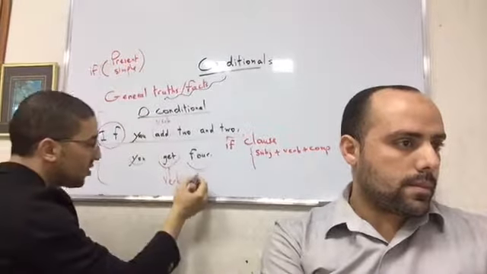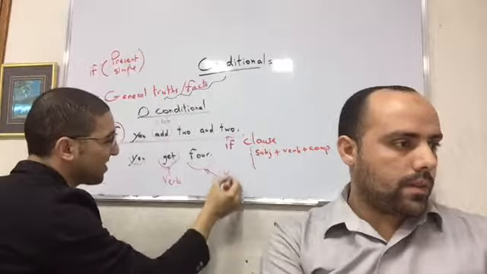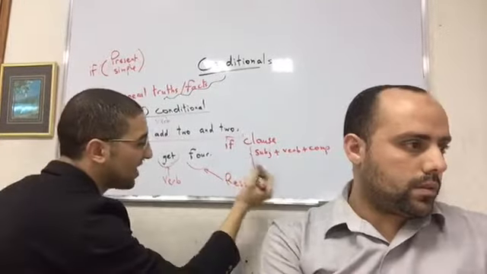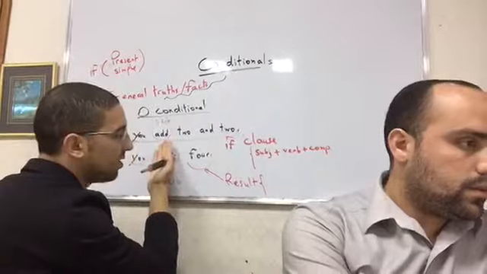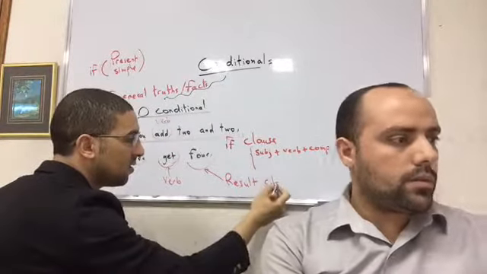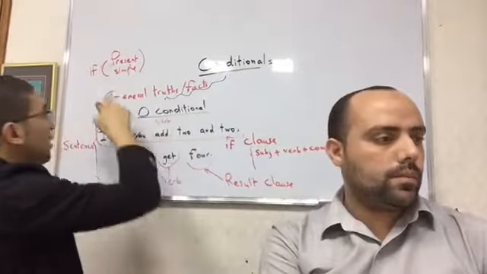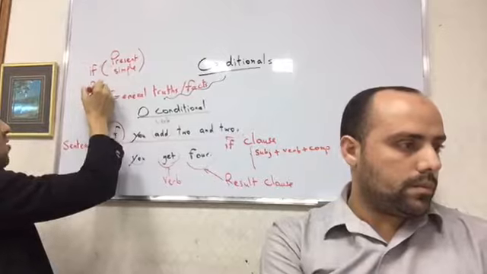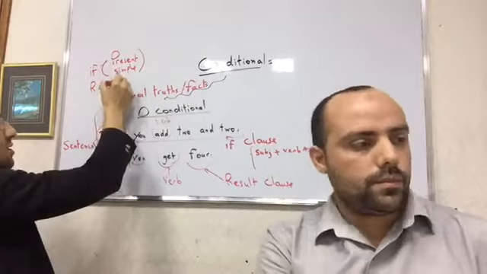And this is called the result clause. So this is the result, as we said, of fulfilling this condition. In the if clause we have the present simple, and in the result clause we have the present simple.